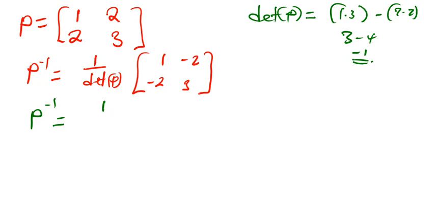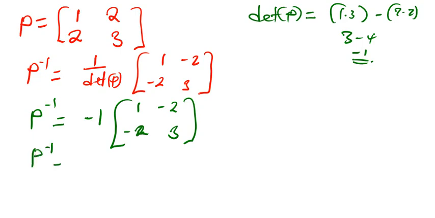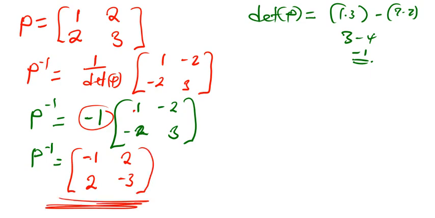So we have negative 1 times the matrix 3, negative 2, negative 2, 1. I'm multiplying negative 1 with each entry: negative 3, positive 2, positive 2, then negative 1. So this is the inverse of this matrix.